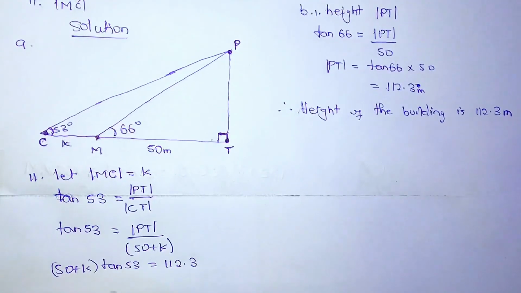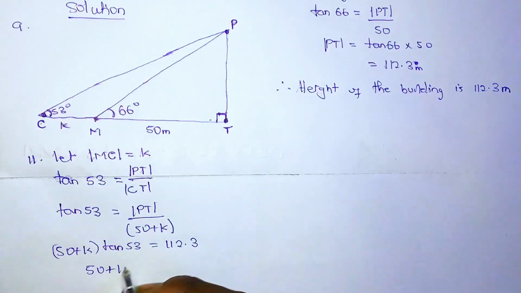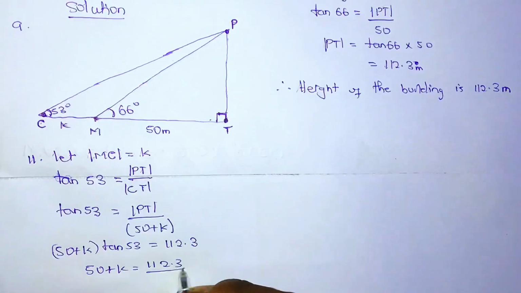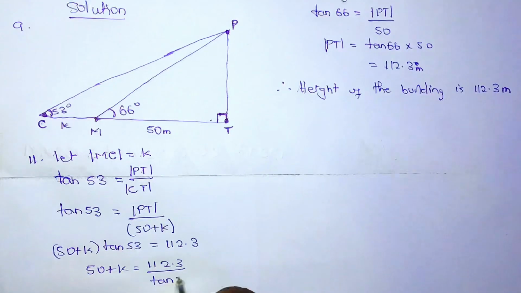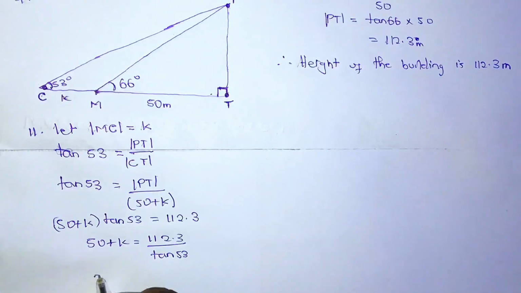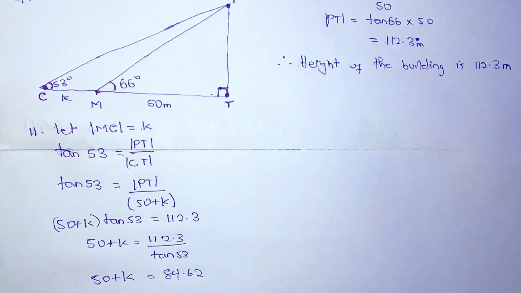So we divide, we get 50 plus K to be equal to 112.3 over tan 53. 50 plus K is equal to 84.62.